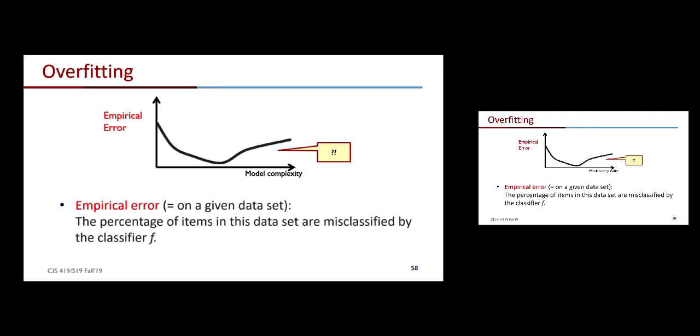Is this the curve you would have plotted for the empirical error as a function of the model complexity? Why? Because the complexity means you think you're likely to overfit and not be able to generalize. But the empirical error is typically on the training data.